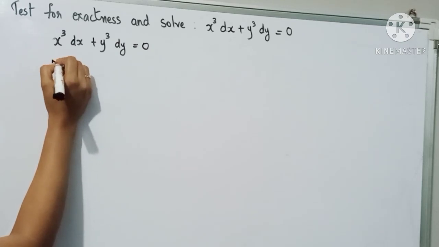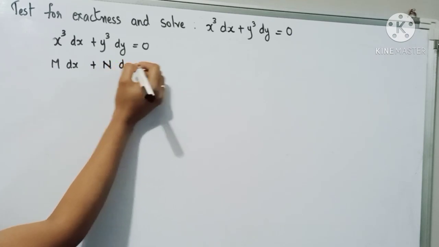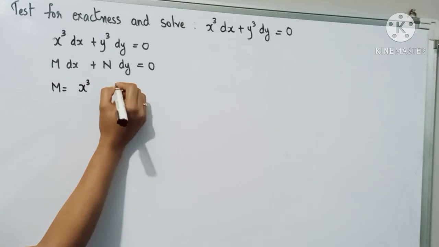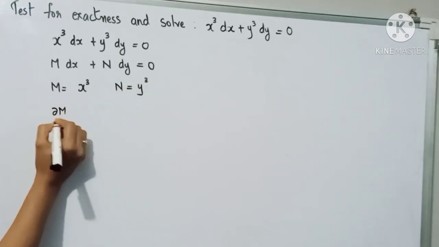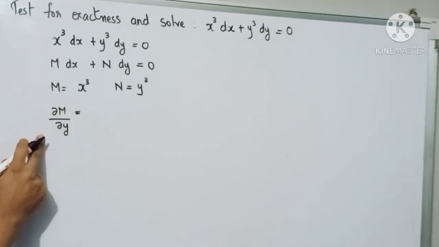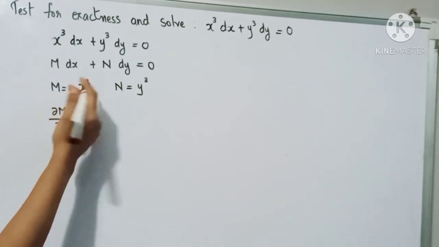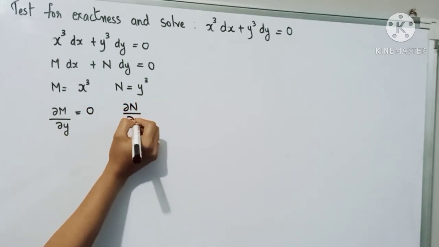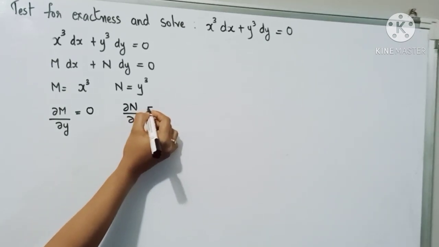It is in the form M dx + N dy = 0, where M = x³ and N = y³. Partially differentiating M with respect to y gives 0, and differentiating N with respect to x gives 0.